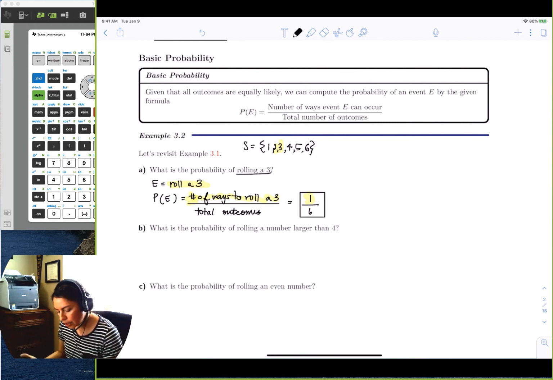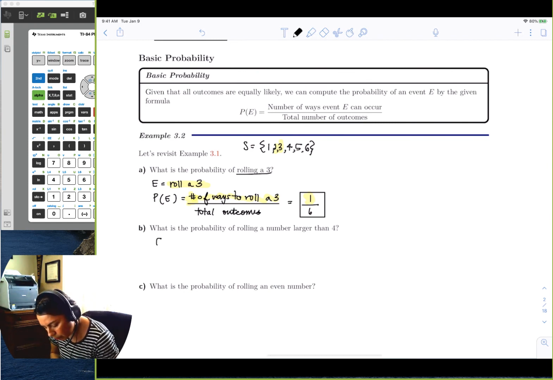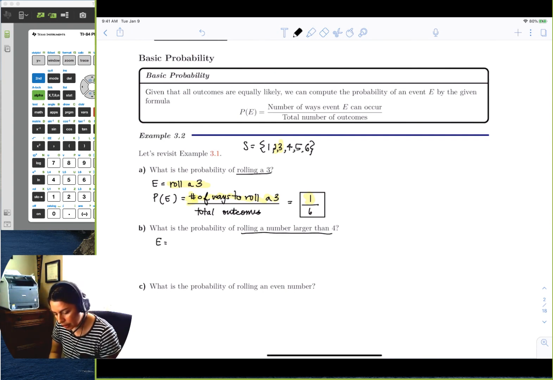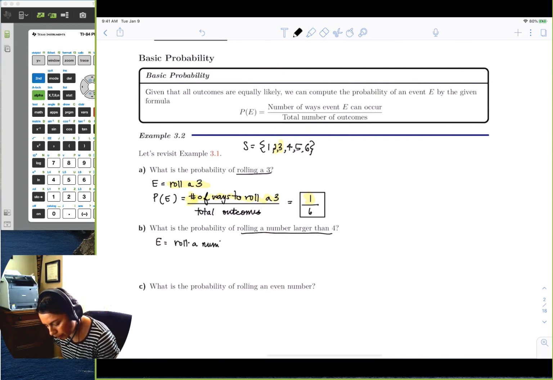So now let's go to the next one. What is the probability of rolling a number larger than 4? Well, what is the event? The event is rolling a number larger than 4.